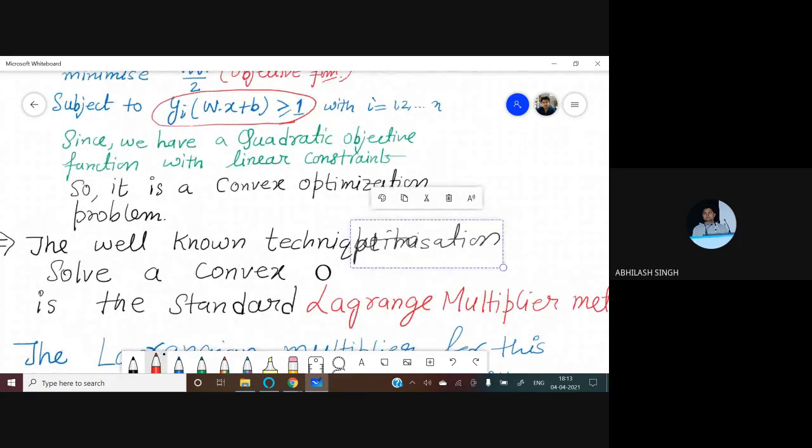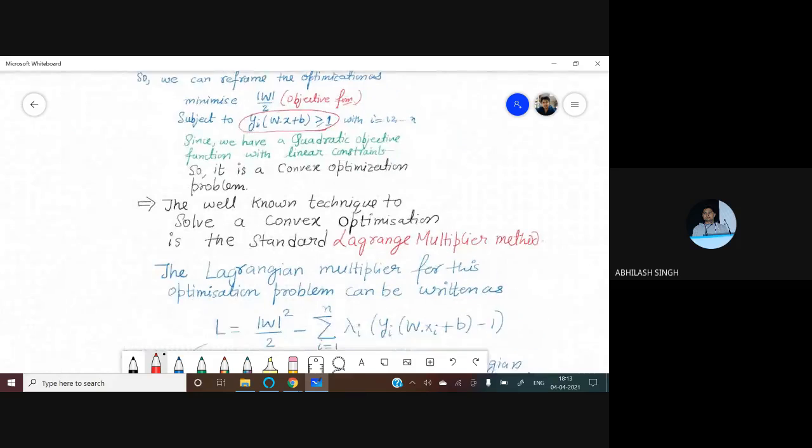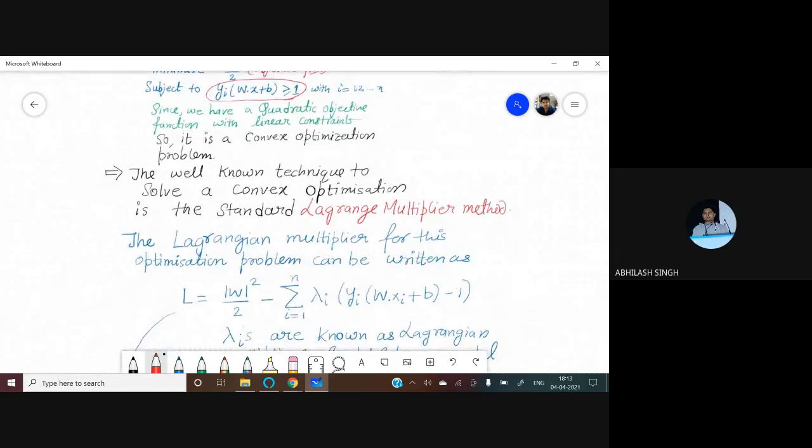Convex optimization means that the objective function is quadratic and the constraints are linear. And to solve this convex optimization, we have a standard method known as the Lagrange multiplier method.